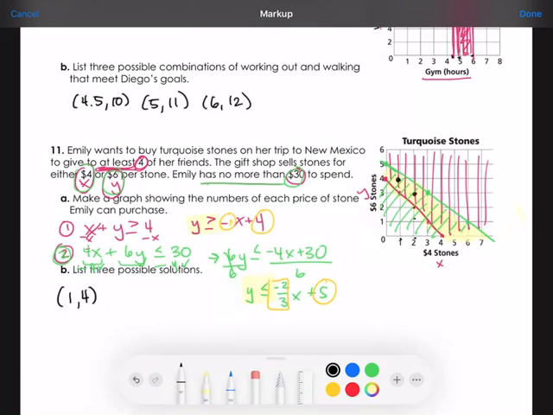Another point would be 2 comma 3, which is also in that zone. That would give her a total also of 5. And she could also get 3 comma 2, which would give her a total also of 5.